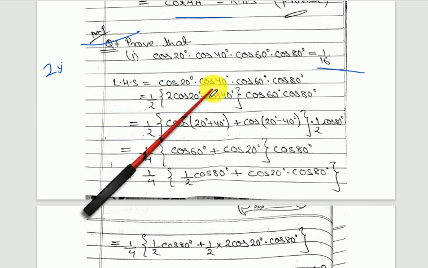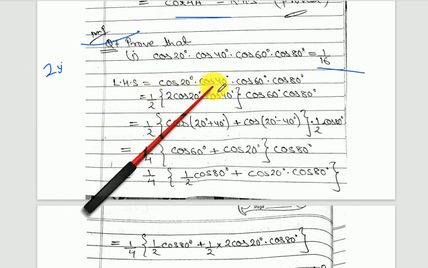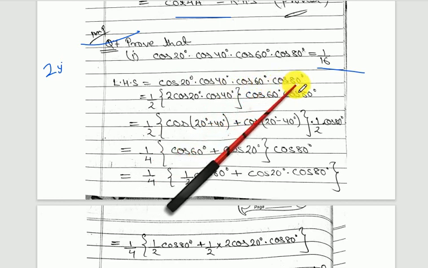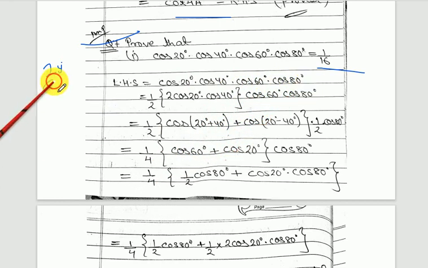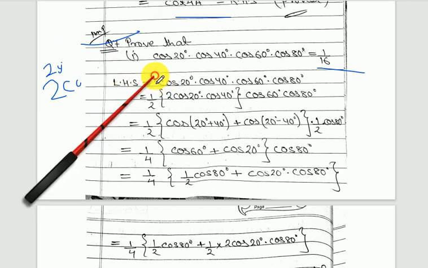Here we have cos 20 degree into cos 40 degree into cos 60 degree into cos 80 degree. We have a formula for that also, like 2 cos a into cos b. But here we can see that 2 is not there.